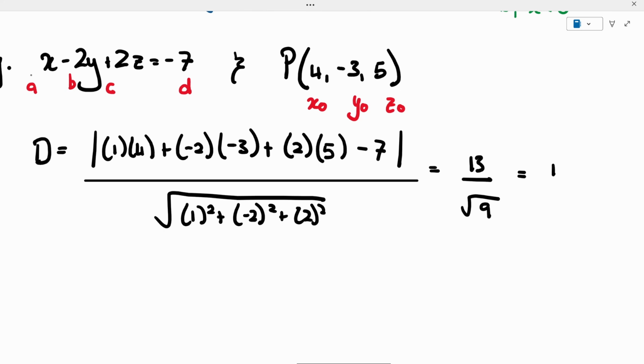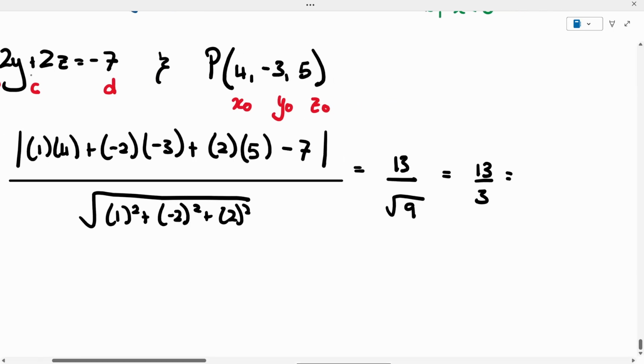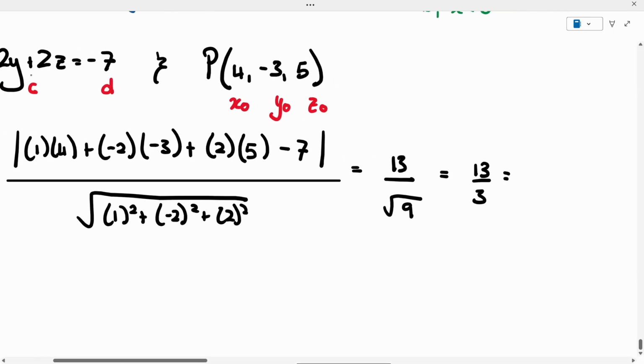So we get 13 over 3, which is 4 and 1/3. You all got that? Okay, cool. For that distance, it's just a matter of substituting the values.